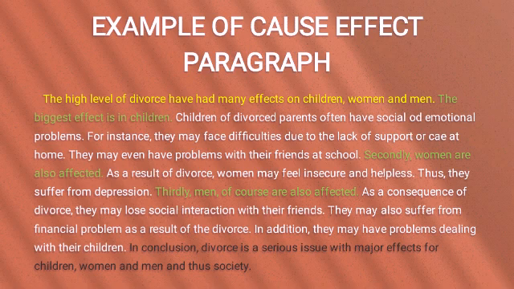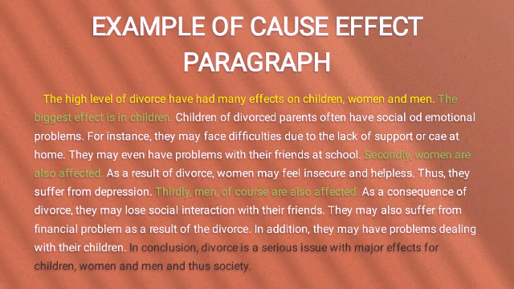The second supporting sentence is: secondly, women are also affected. The first supporting detail is, as a result of divorce, women may feel insecure and helpless. The second supporting detail is, thus they suffer from depression. The third supporting sentence is: thirdly, men, of course, are also affected.